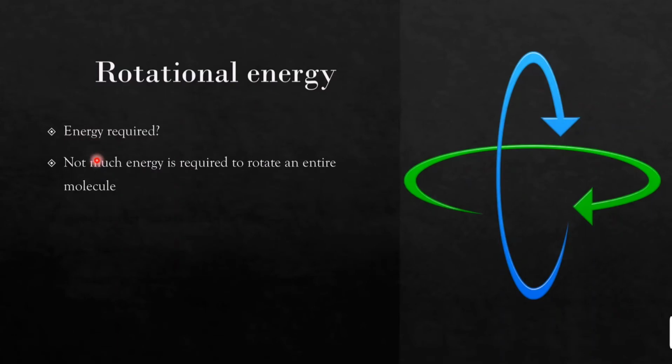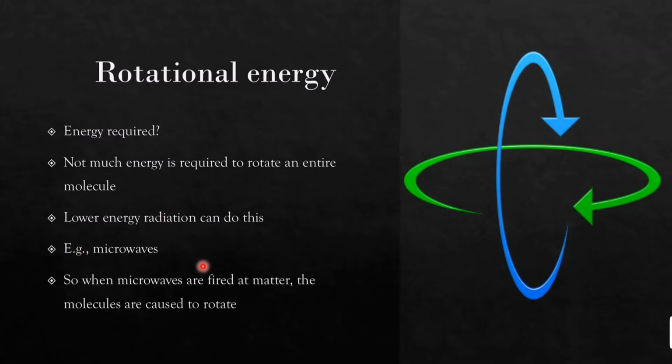Not much energy either is required to rotate an entire molecule, so we use lower energy radiation to do this. This could be microwaves. When microwaves are fired at matter, the molecules are caused to rotate. Because rotational energy doesn't require as much as other types of energy, we can use microwaves, a lower energy radiation, to rotate the molecule.